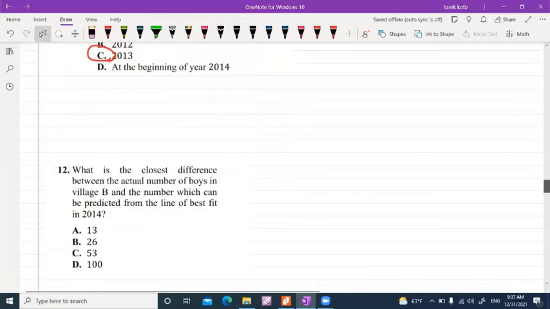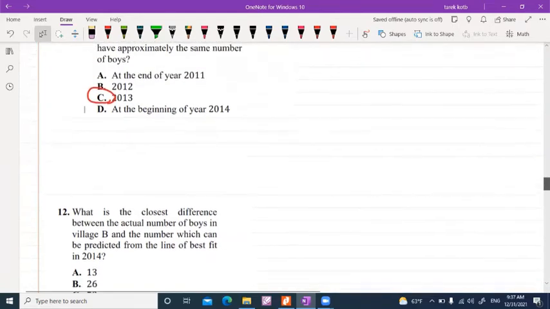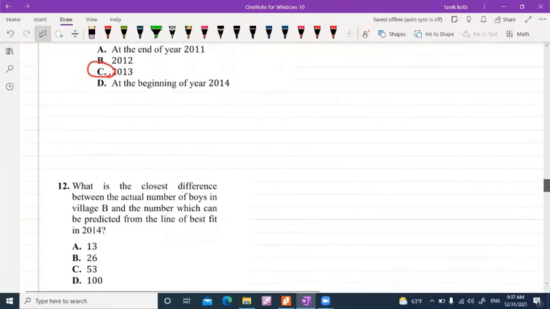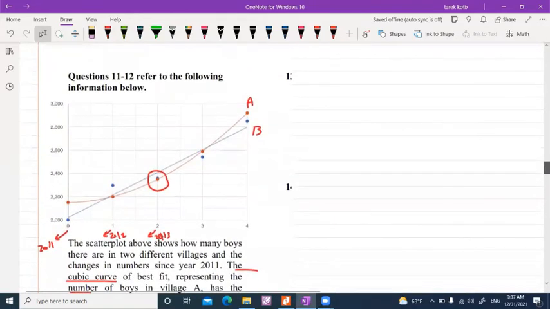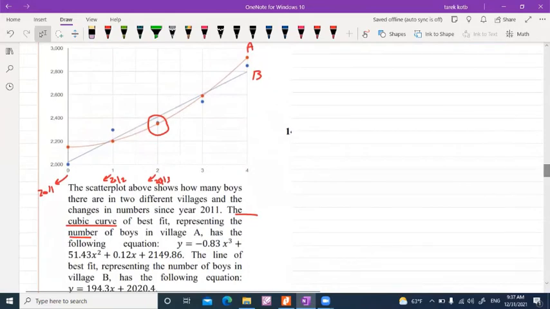Number 12 refers to the same problem, the same graph. What's the closest difference between the actual numbers of boys in village B and the number which can be predicted from the line of best fit in 2014? And village B, 2014. I want to get the difference between the line of best fit of village B, which is the blue line, and the blue point.